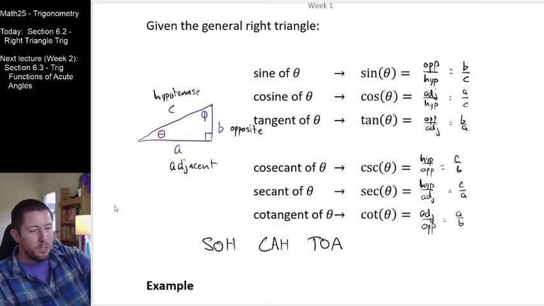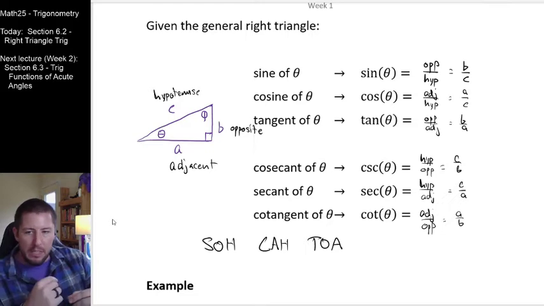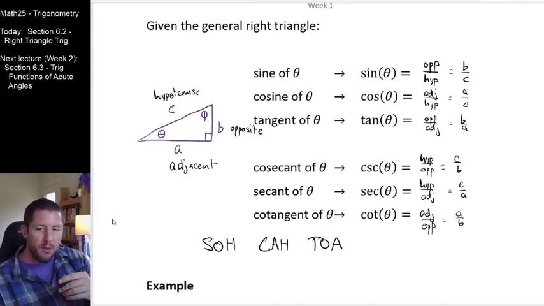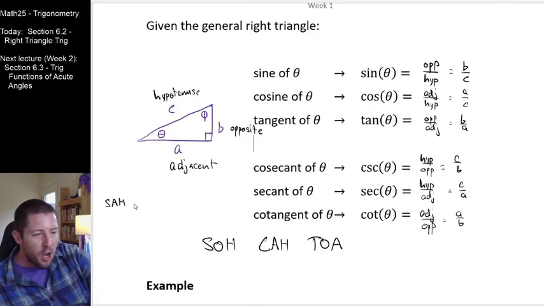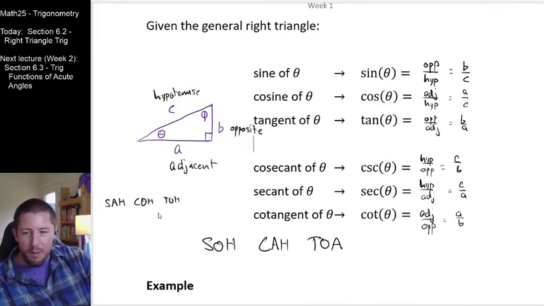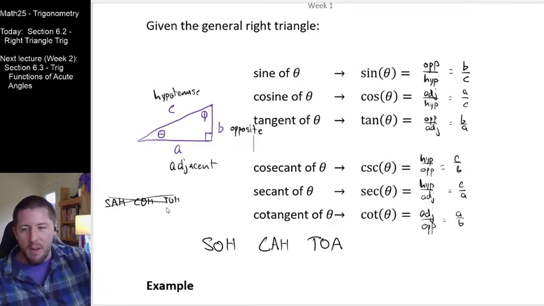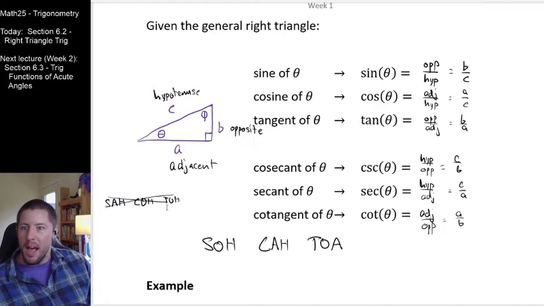As people typically do, right before the quiz they write little notes to themselves at the top of the page. I've walked around and seen people write things like "so ka toa". Damn, they remembered how to verbalize it, but they spelled SOHCAHTOA wrong, and then they have all their answers wrong on the quiz. So how do you remember how to spell this nonsense word?